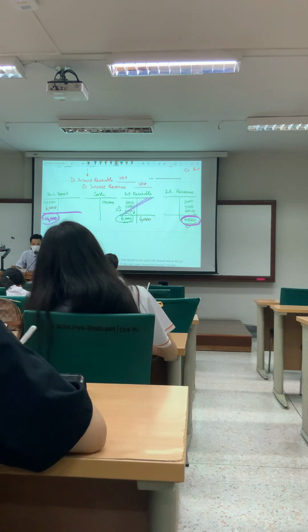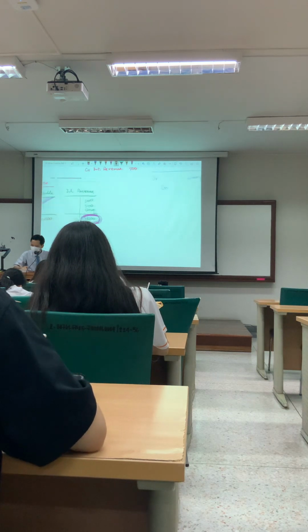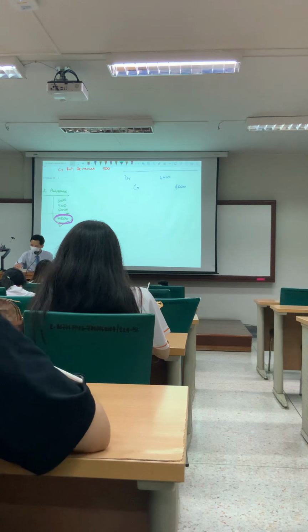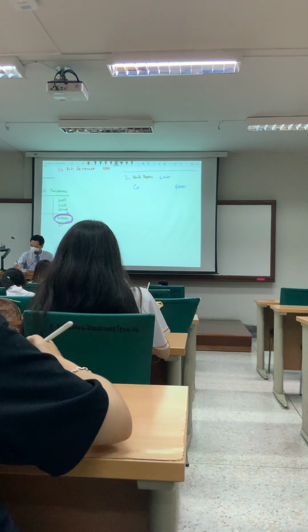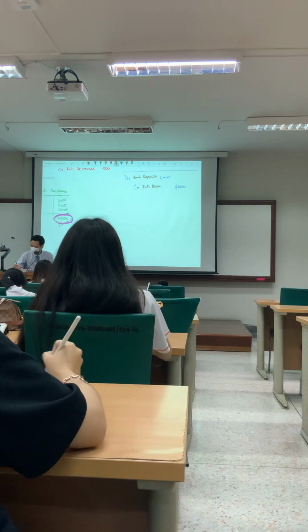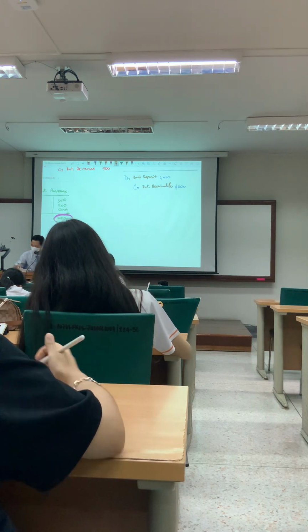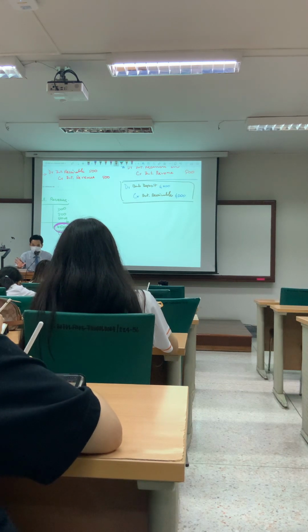You get that. Of course, here is your bank deposit and your interest receivable. This is what you are going to record on your journal.